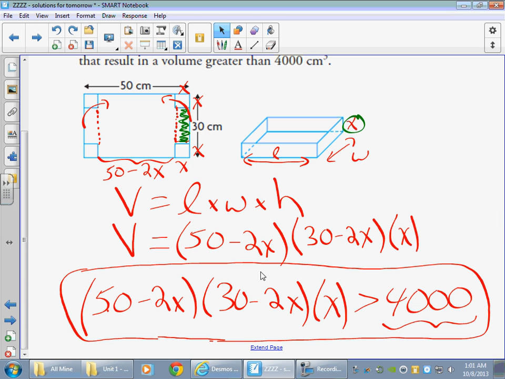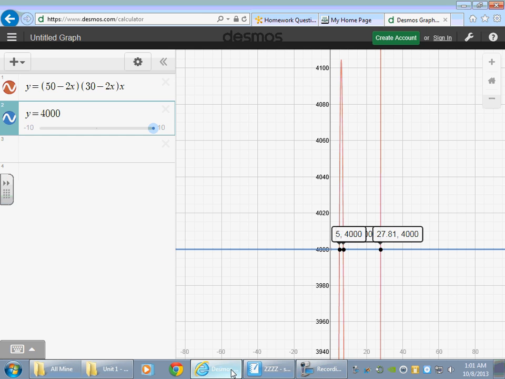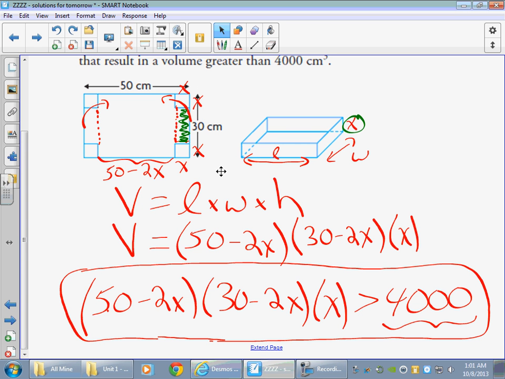If we cut off 27.8 centimeters from each corner, then in theory it's saying we're going to end up with over 4,000 as well. But of course, if we cut off 27.8 in either direction, quite frankly, we run out of box. And so we end up with just a chopped up box that is all theoretical at that point.